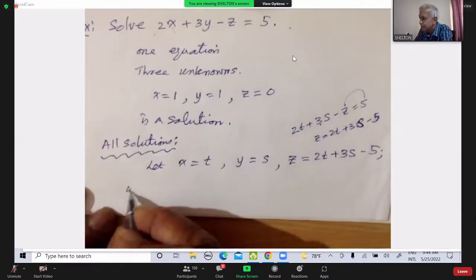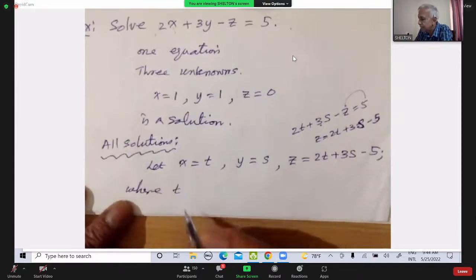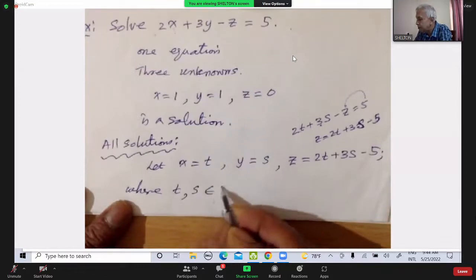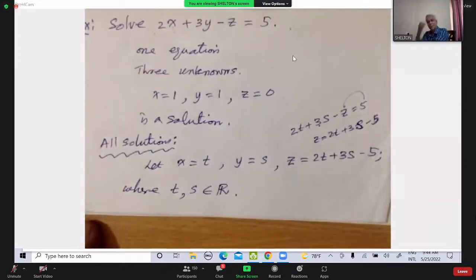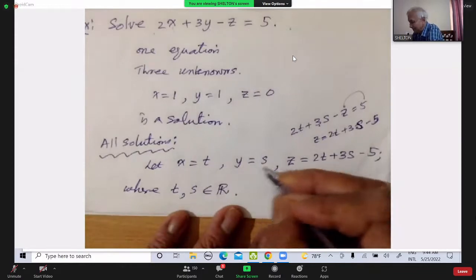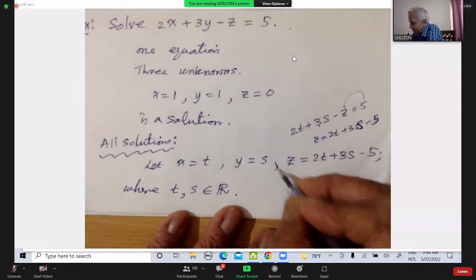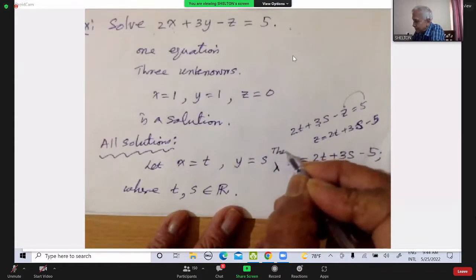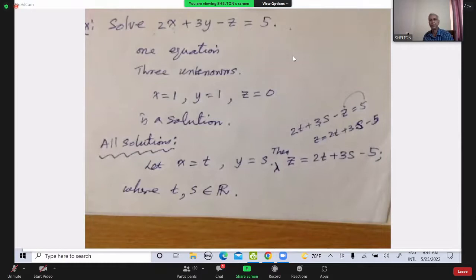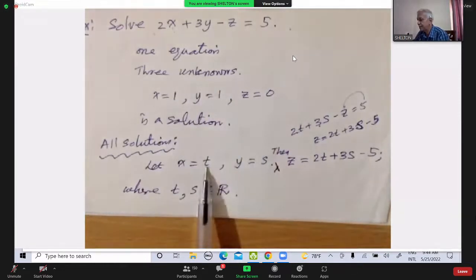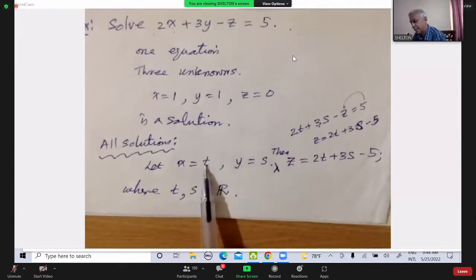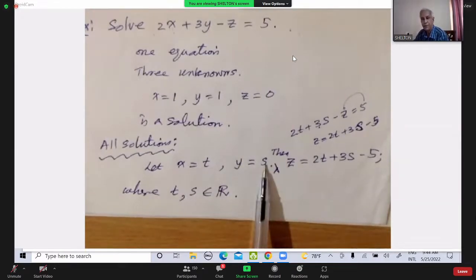Where t, s belong to R. Then z equals that, where s and t belong to R. For the earlier solution I took t equals 1, s equals 1, but I can take t equals 25, s equals 95.